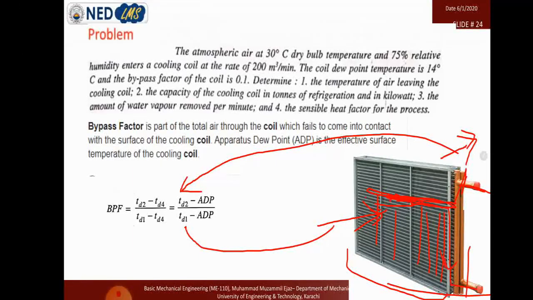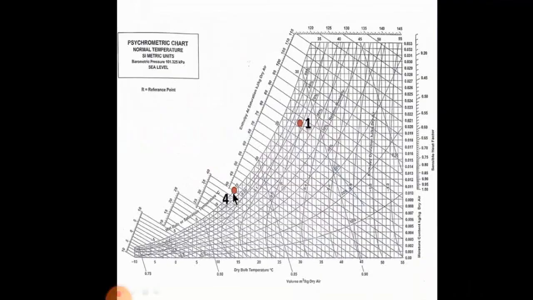So let's move further into this numerical. As told before, in the psychrometric chart numerical, you have to use this kind of psychrometric chart. In the previous slides, we learned how to reach the point where our current system is lying.